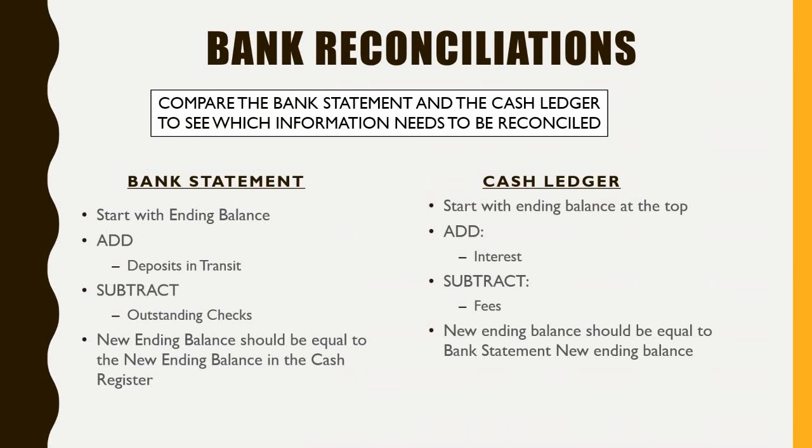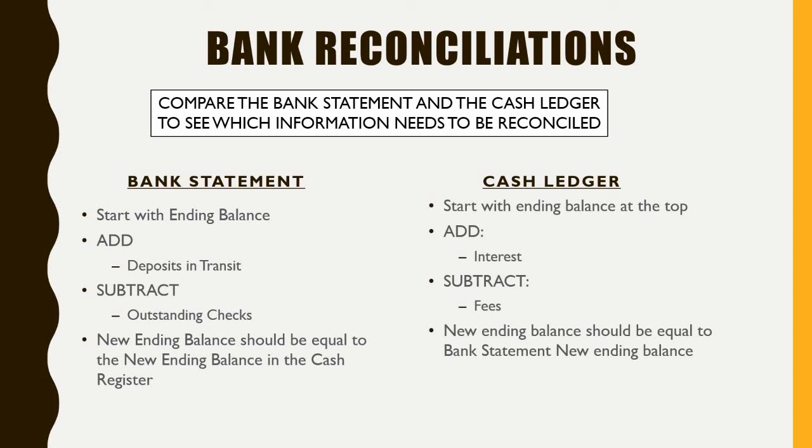So let's actually talk about how we compute or do our bank reconciliation. Again, there are two things that we've got to do. We need to compare our bank statement to our cash ledger or checking account ledger.